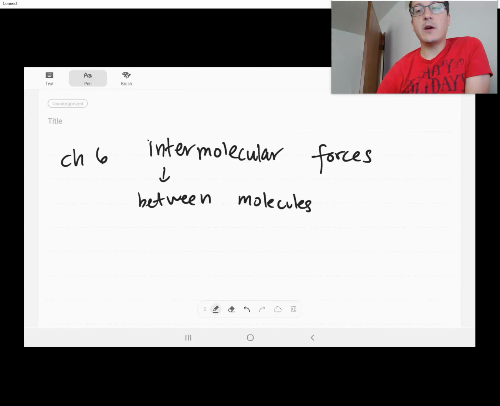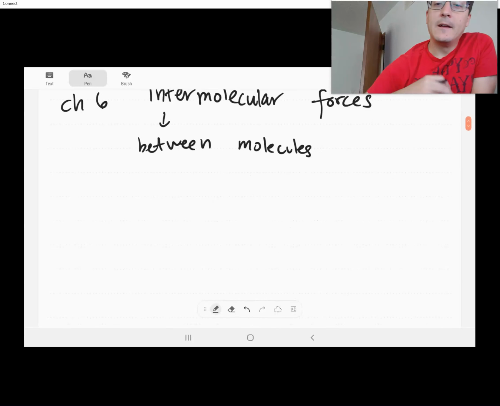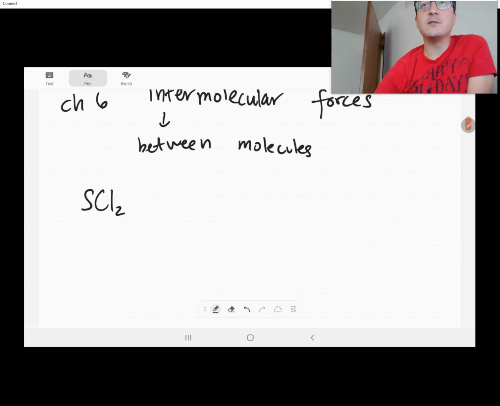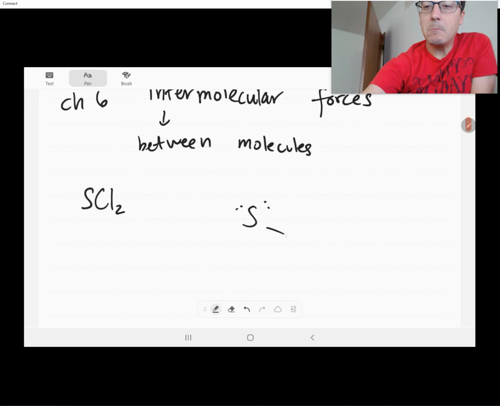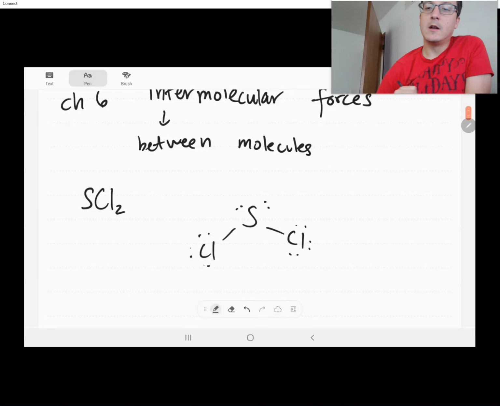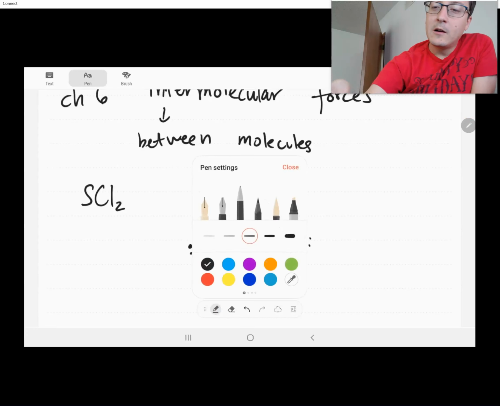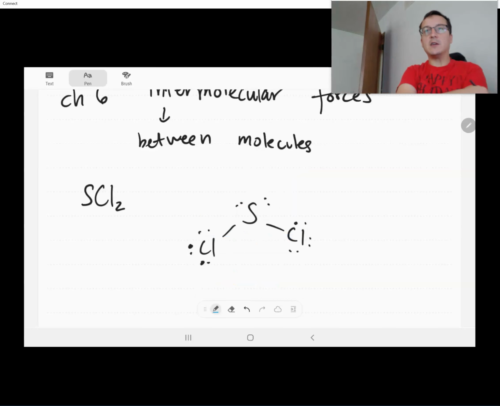So let's go ahead and take a look at one. Let's do the Lewis structure for this molecule, sulfur dichloride. I'll do it for you. Alrighty, there it is. Sorry, these are kind of ugly. Okay, cool. We remember that this molecule is polar, right? We saw that the sulfur-chlorine bond is polar because chlorine is more electronegative than sulfur.